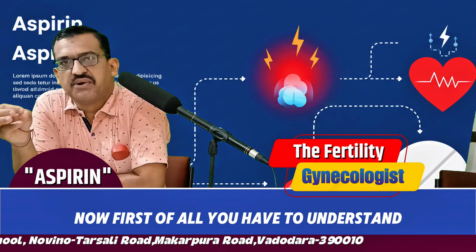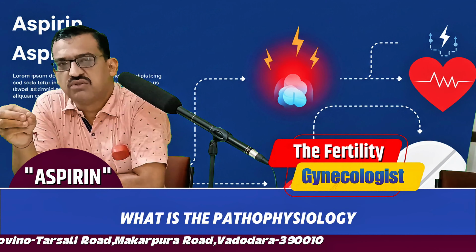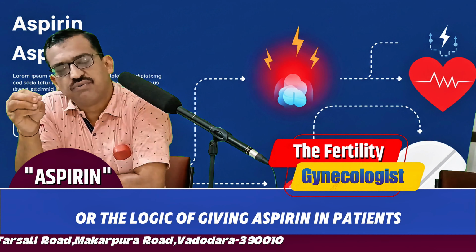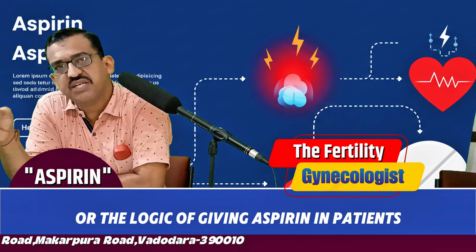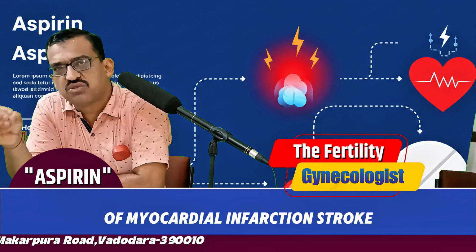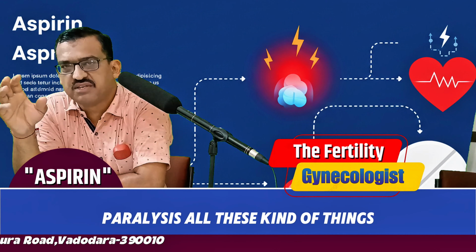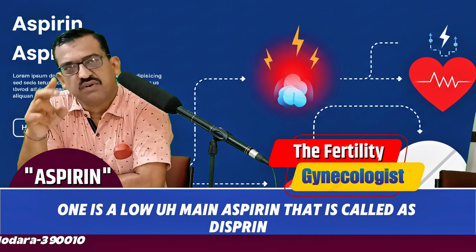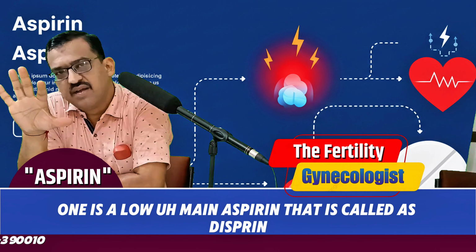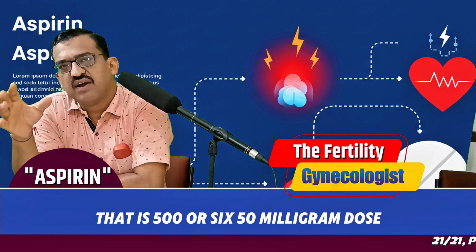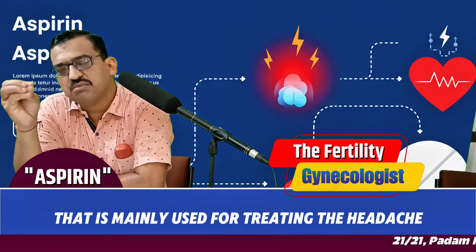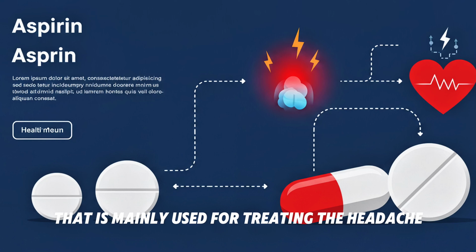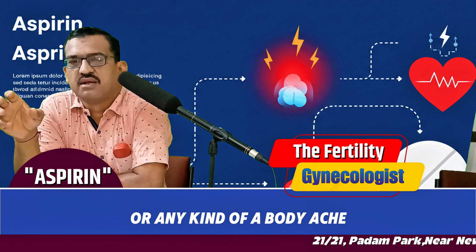Now first of all, you have to understand the pathophysiology, or the logic, of giving aspirin in patients of myocardial infarction, stroke, paralysis, all these kind of things. There are two types of aspirin. One is the main aspirin called Disprin, 500 or 650 milligram dose, that is mainly used for treating headache or any kind of body ache.